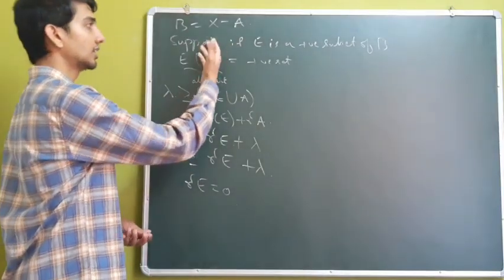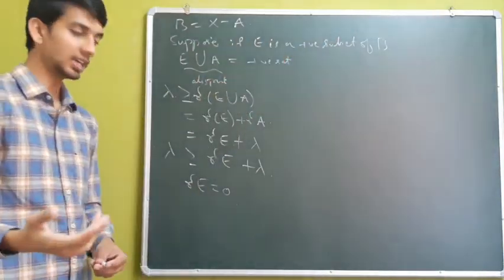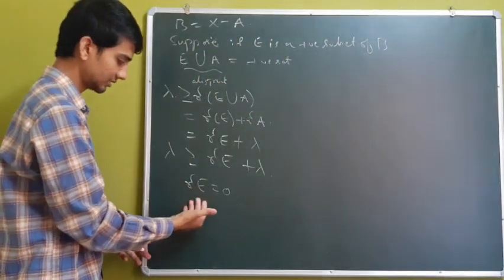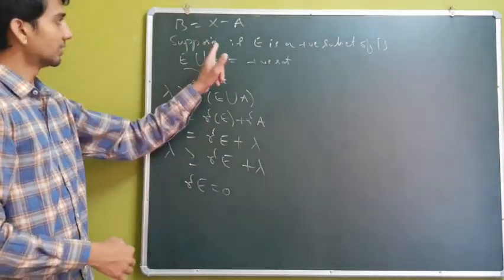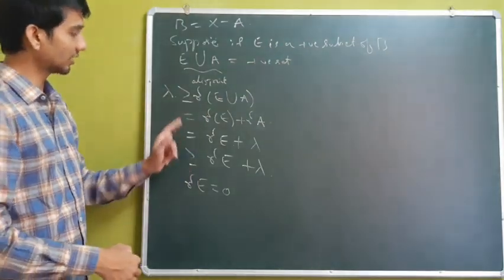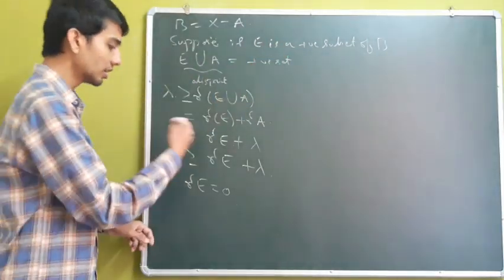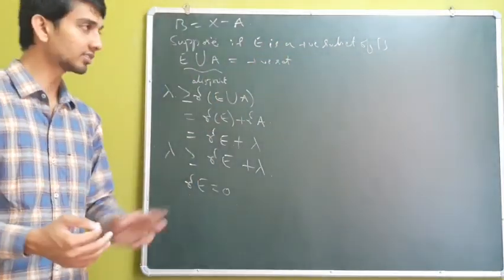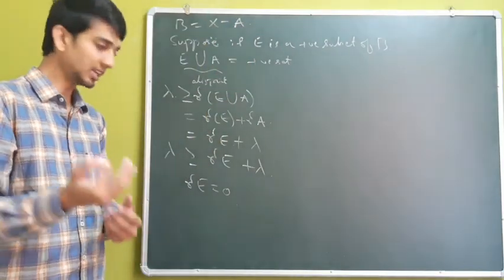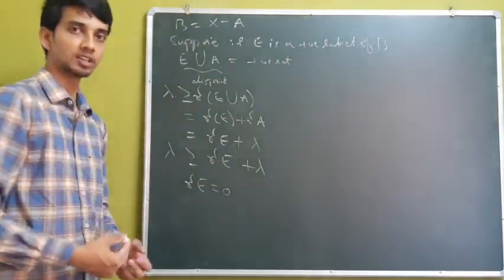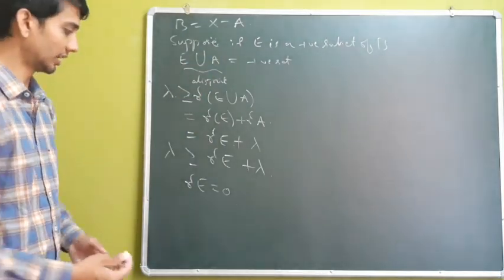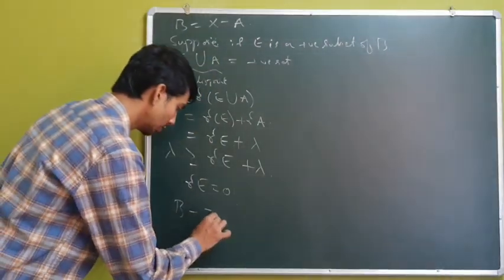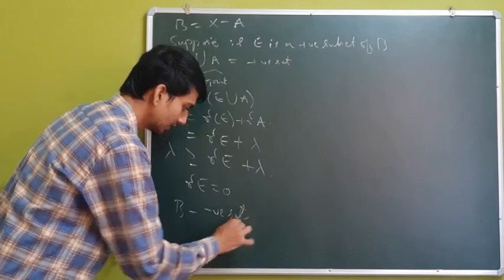So if I consider E to be a positive subset of B, then we arrive at the signed measure of E being 0. So it proves that B does not contain any subset of positive measure, and consequently B is a negative set.